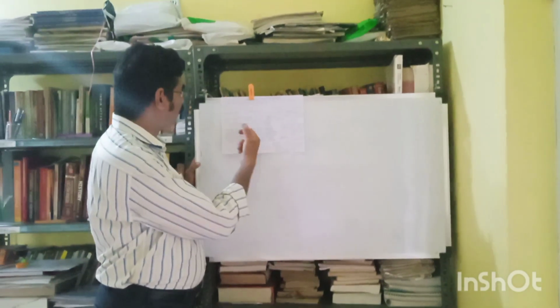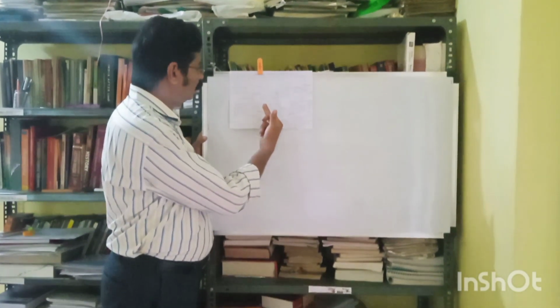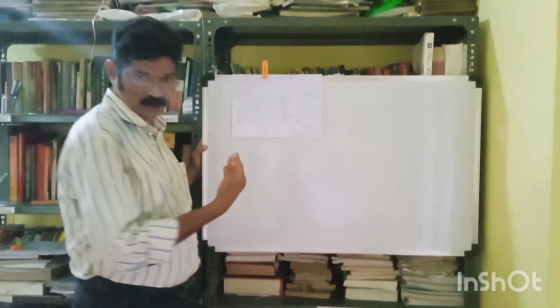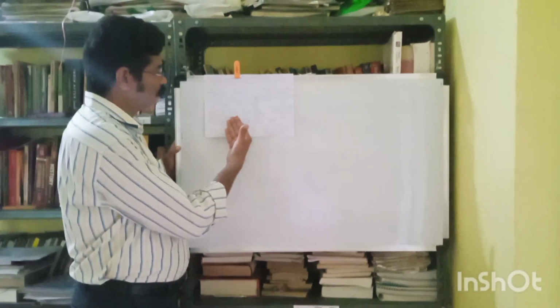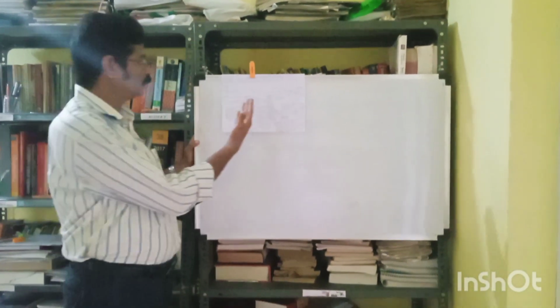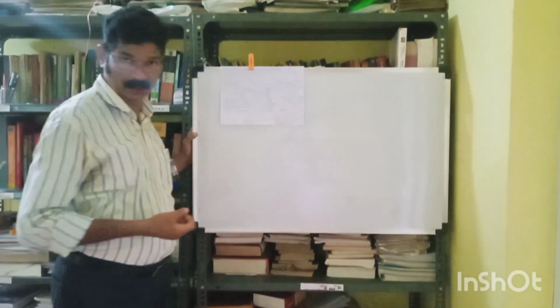The second part of the heuristics is collection of sources. Here the research scholar, the UG third year and PG second year students, has to use the mechanism of note taking.